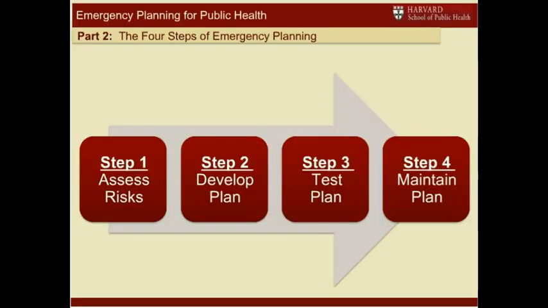So, how do we create an effective, robust plan? The planning process has 4 basic steps. For each step, it's important to consider alternatives and contingencies. Step 1. We start by conducting an assessment of a community's risks, including all potential threats and hazards. Step 2. Develop an emergency plan.